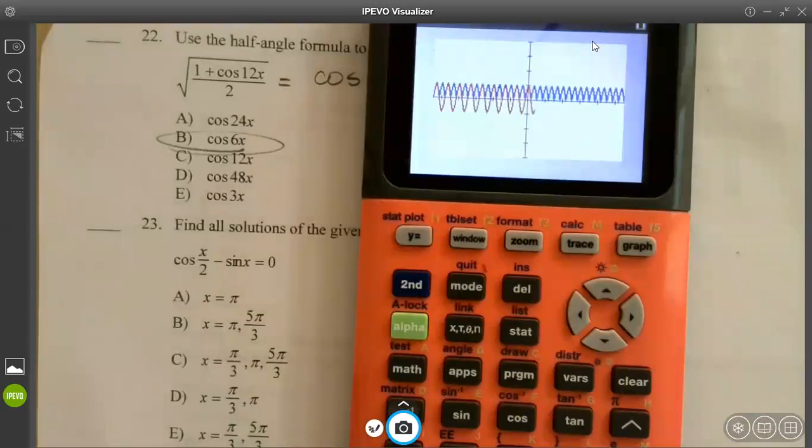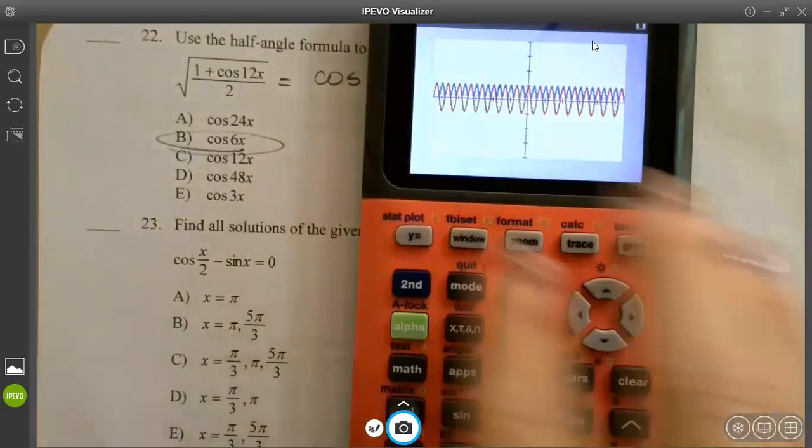What happened here? Why? They're close, aren't they? Let's see the rest of them.